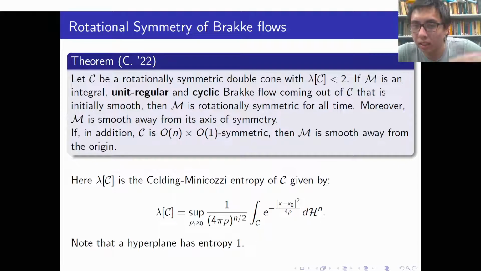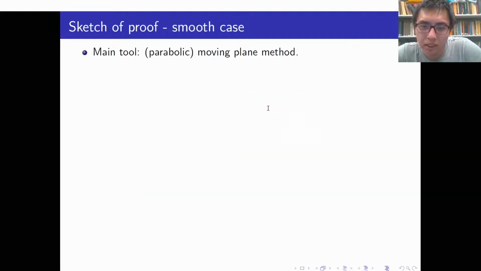And the same thing happens here. If you additionally have O(n) cross O(1) symmetry, then you can also run the moving plane in this O(1) direction, and that forces the non-smooth region to be at the origin. That's quite a powerful theorem.